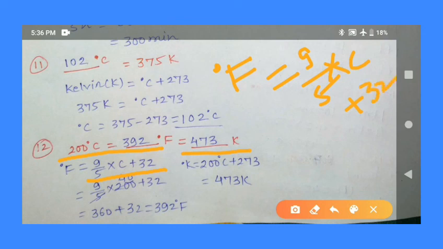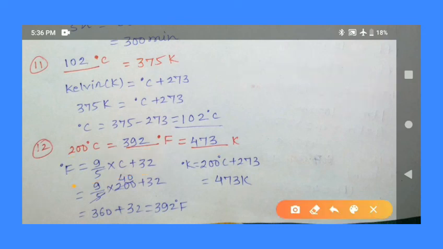This is the formula. Now 9 by 5 multiplied by 200 plus 32. So 5 cancels with 200, 40 into 9, 360 plus 32, 392. So answer will be 392.